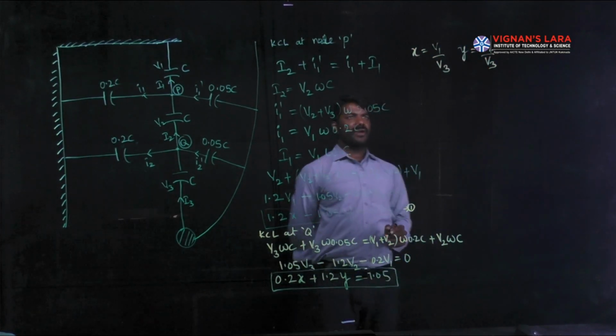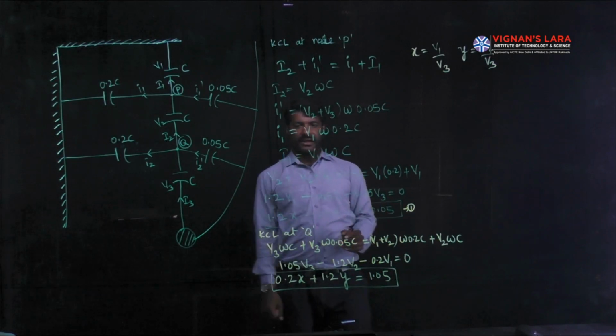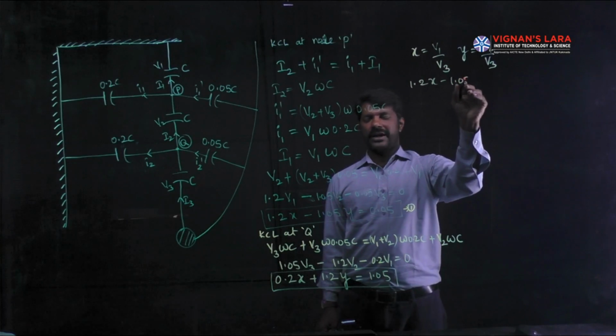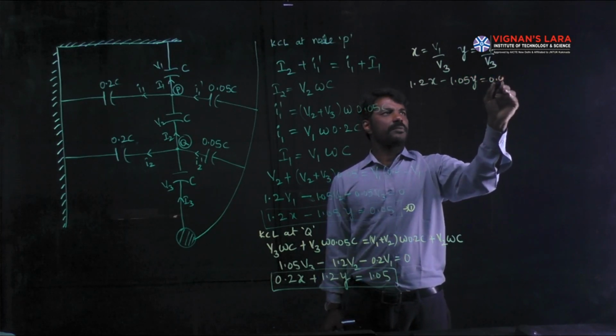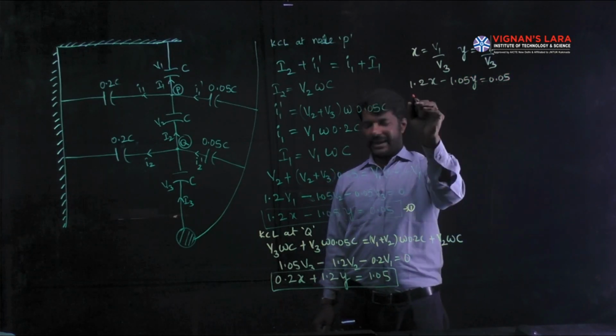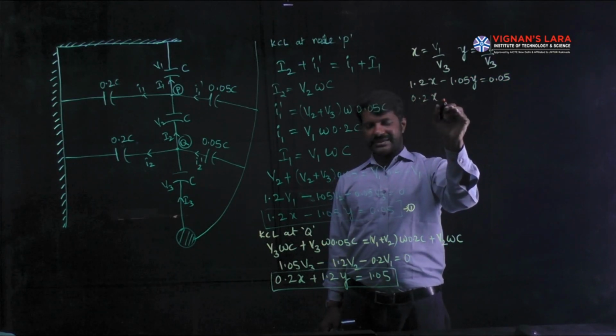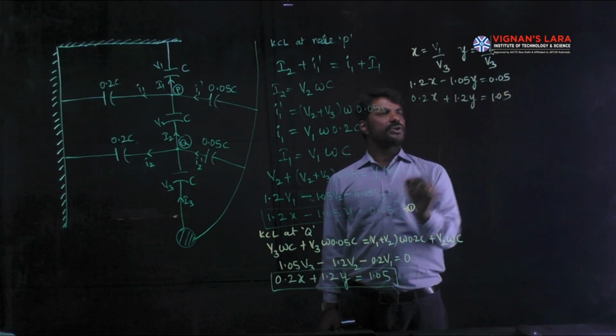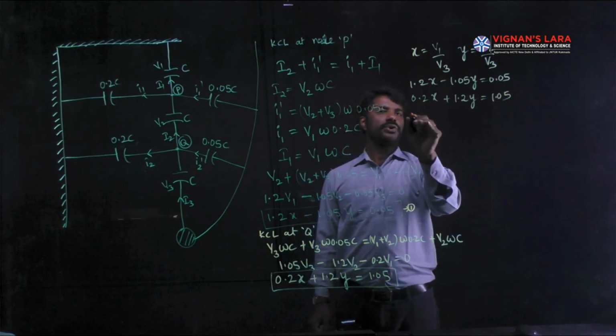These are the x and y values in our expression, and the two equations are 1.2x minus 1.05y is equal to 0.05 at node P, and 0.2x plus 1.2y is equal to 1.05 at the qth node.